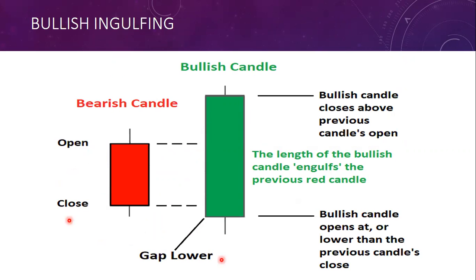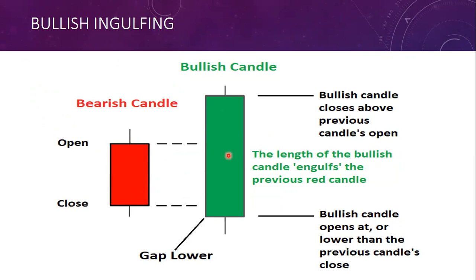Two candles give us a signal that something happened with the price. In this case, first we talk about the bullish engulfing. Bullish engulfing is two candles. The first candle, as you see, is a bearish one or red one.